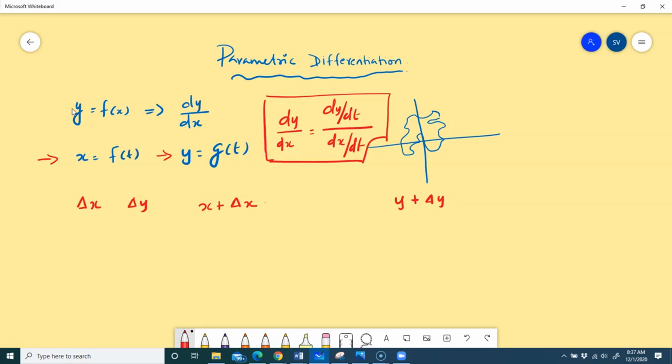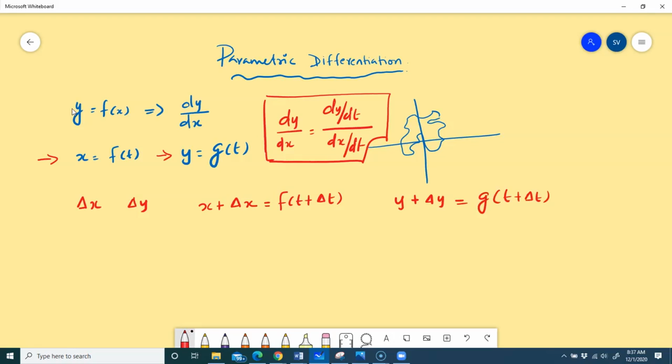We have x is equal to f of t here. When I'm adding an increment of delta x on the left side, we should have another increment on the right side too. So let it be f of t plus delta t, and here this is g of t plus delta t. Interesting.